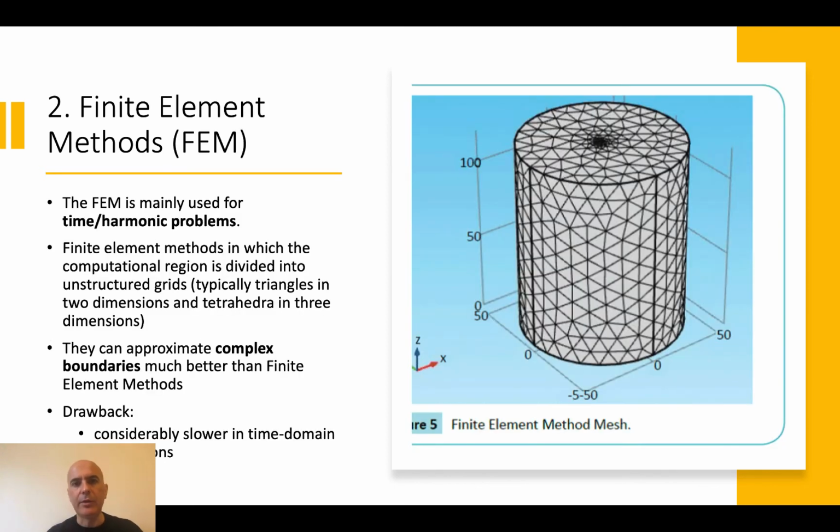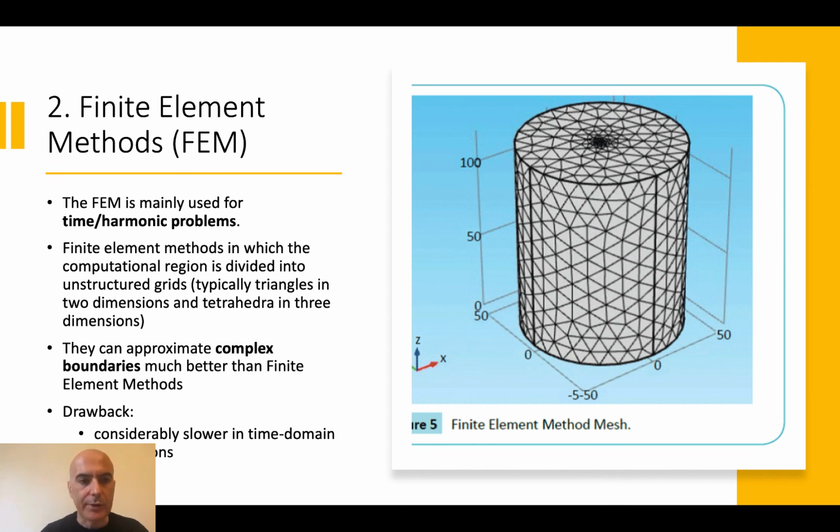The second method we are going to focus on is called the finite element method or FEM. The FEM is mainly used for time harmonic problems. So when we discretize the equation in the time domain, but also in the spectral domain, this is called the harmonic domain.